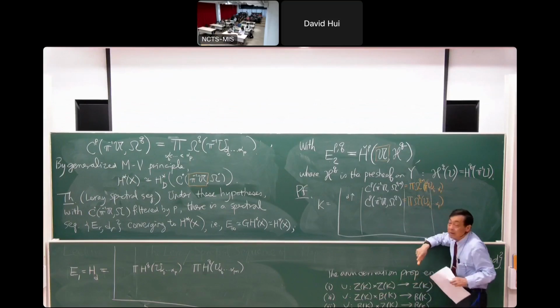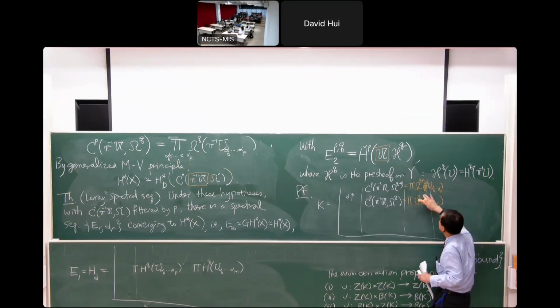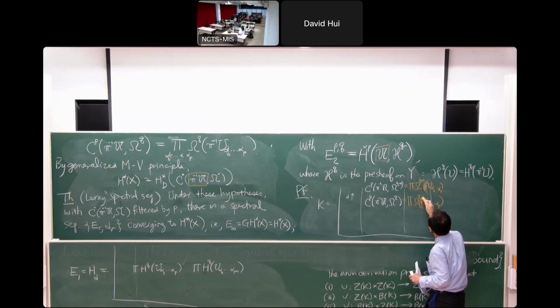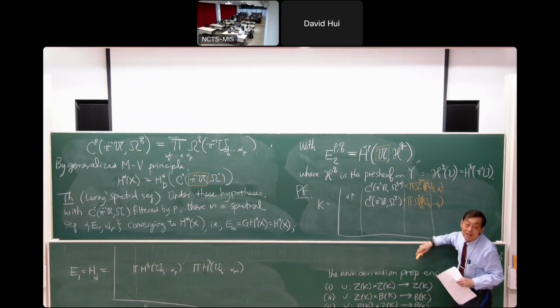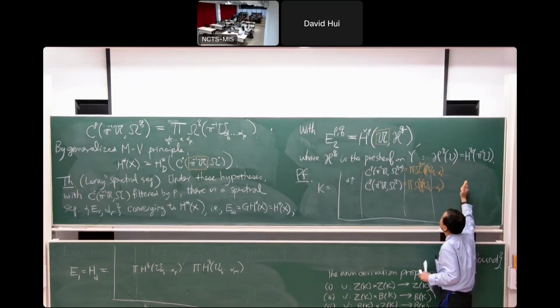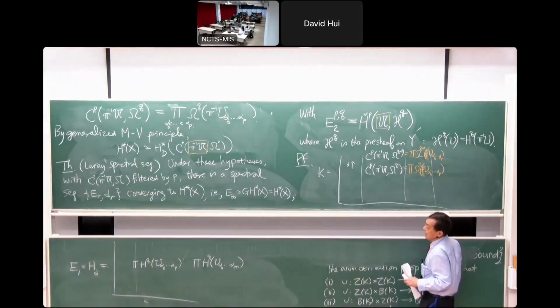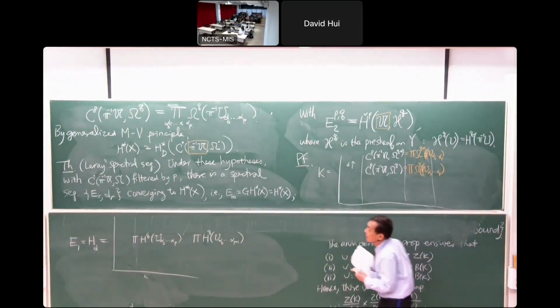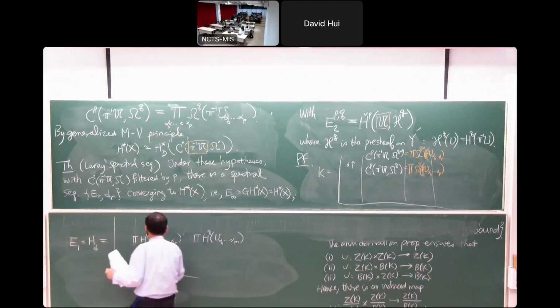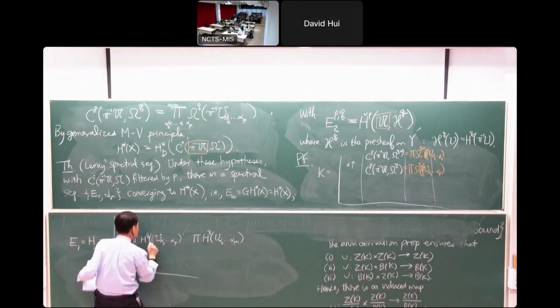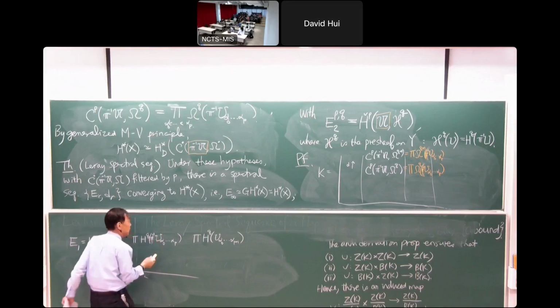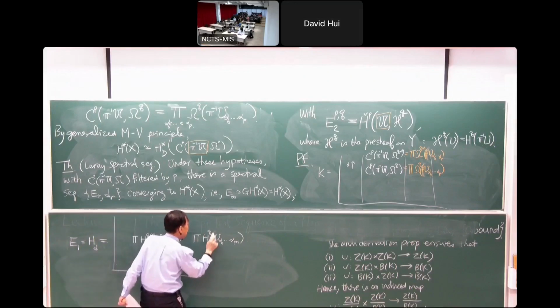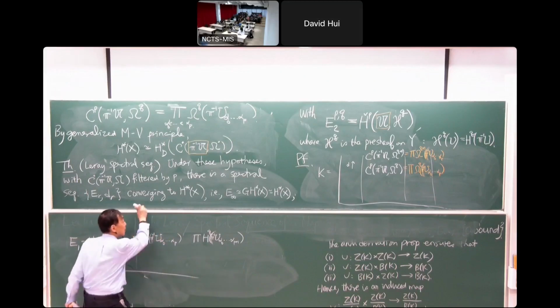Because the U's are downstairs. So here, this should be pi inverse.